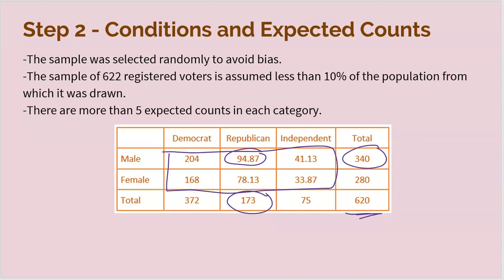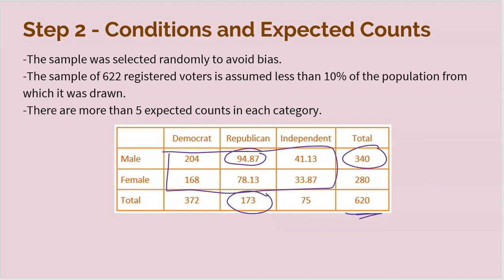I really want you to make sure you understand where these numbers come from. For example, 173 out of 620 is about 28%. So about 28% of people in this survey were Republican. If there was no association, of the 340 males, I should see 28% be Republican. And that would be about 94.87, right around that number.